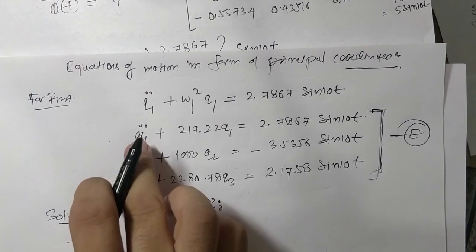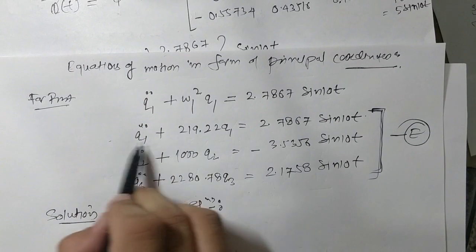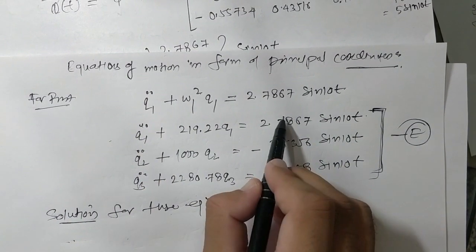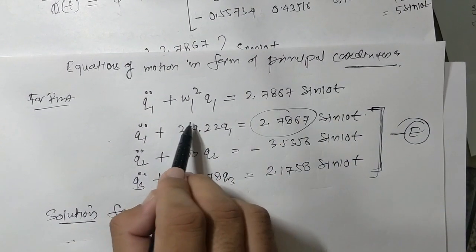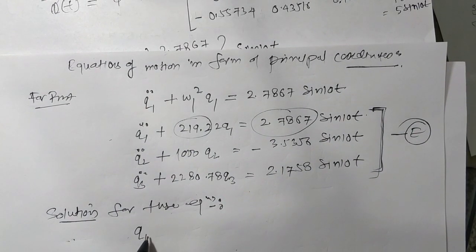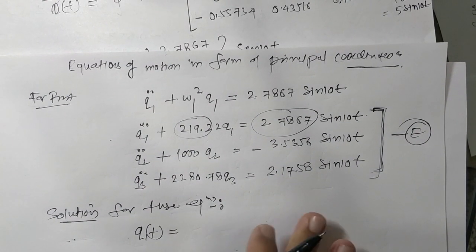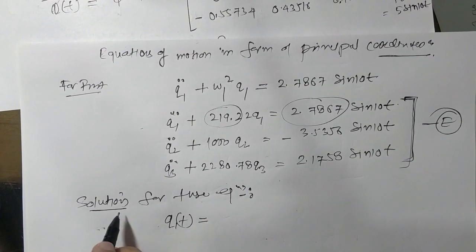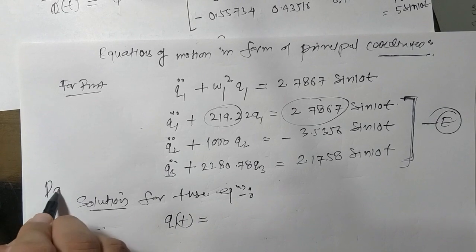For the first, this is our F naught, this is our omega square, so q1(t) has a particular part, or we can say the steady state solution.